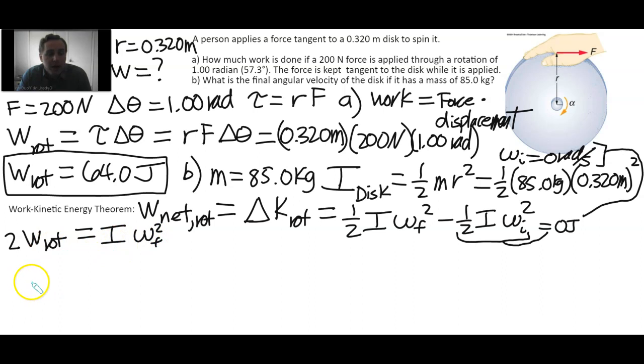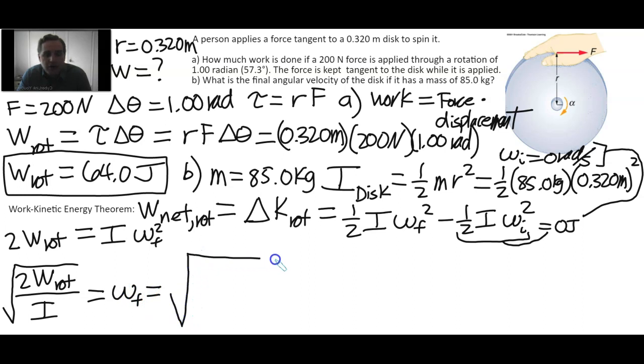Well, we need to divide by rotational inertia. That's 2 times the rotational work divided by the rotational inertia, and the square root of this value should give the final angular velocity. So let us put the values into this expression.